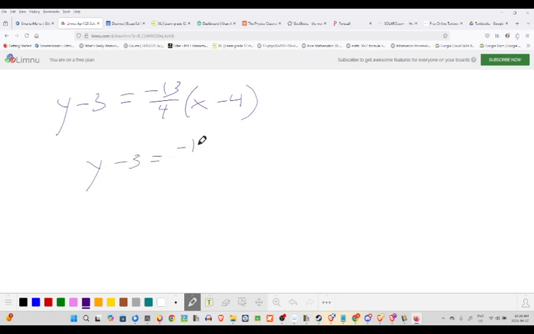So y minus 3 is negative 13 over 4x. And a negative 13 over 4 times a negative 4 becomes a positive, not 52, it would be 52 over 4, so that's a positive 13. The negatives cancel, as do the 4s. We add 3 to both sides, and y is negative 13 over 4x plus 16.